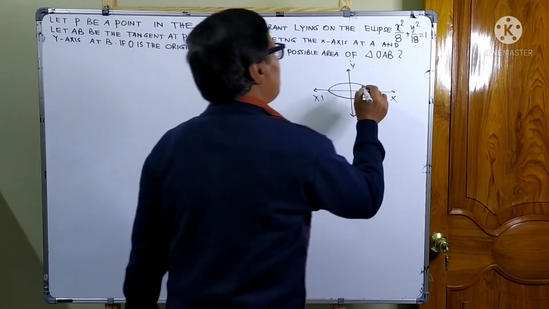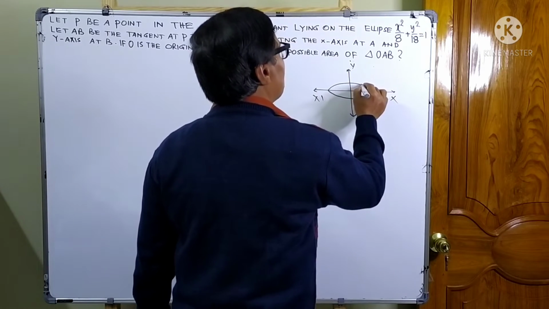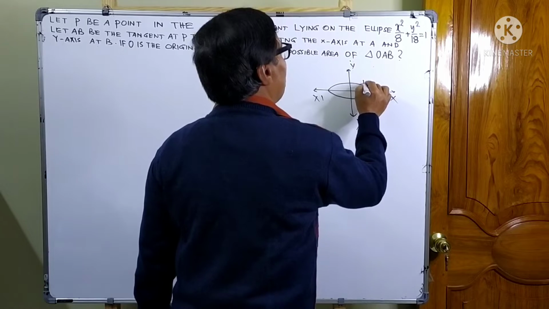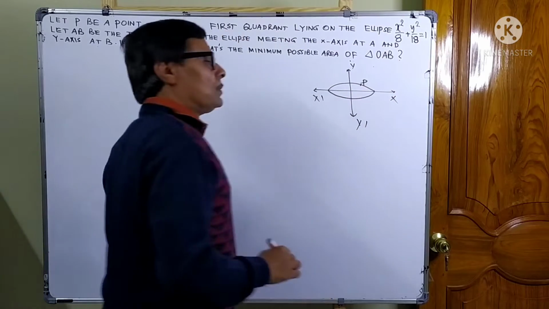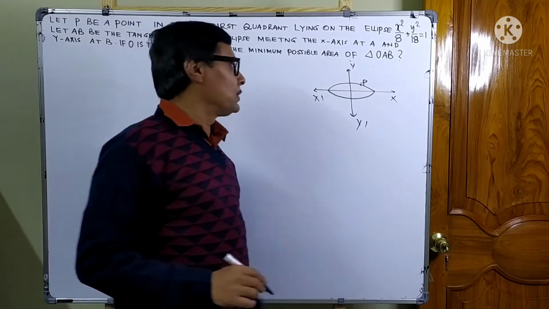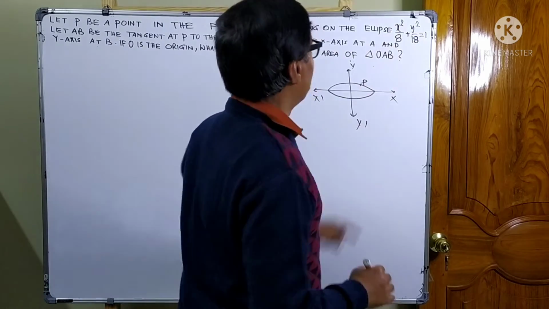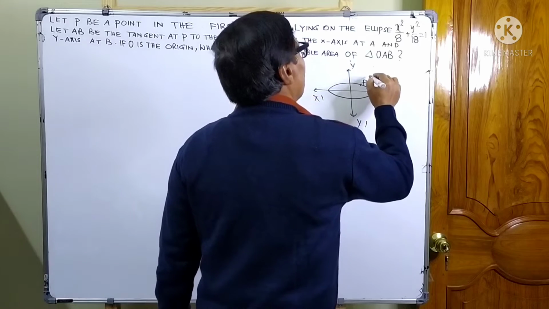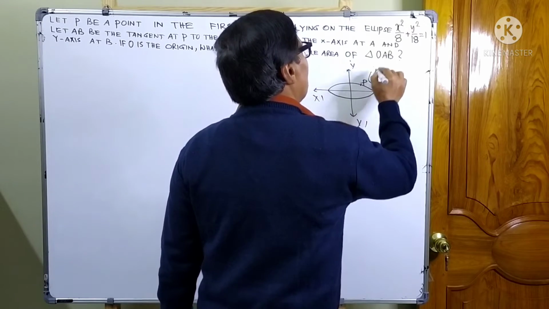Now, P is a point in the first quadrant, that is here the point P, and we can take the parametric coordinate of this point P for this ellipse, and this parametric coordinate is a cos theta.